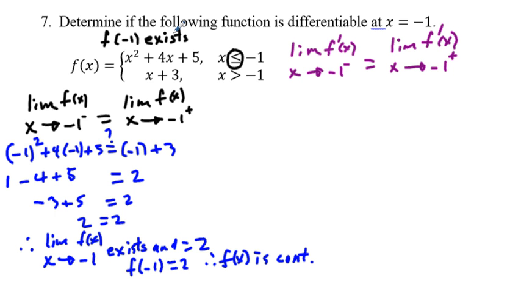And now I'm just differentiating the left side. We're going to have x squared becomes 2x, and plus 4x is just plus 4. And differentiating on the right side, we just have the derivative of x plus 3 is 1. Now substituting in -1, 2 times -1 plus 4 is equal to 1. -2 plus 4 is 2 is equal to 1. Is that a true statement? No.